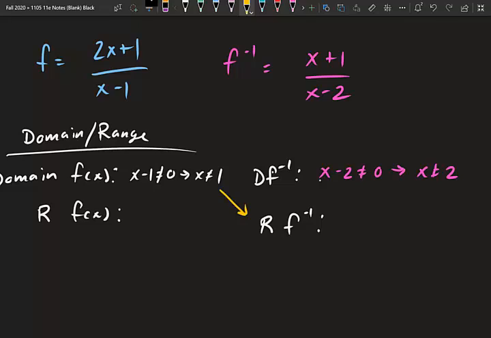The range represents y, so we say y cannot be 1. And then here, the range is y, so then y cannot be 2. It's because they are direct opposites of each other. Because they're direct opposites of each other, that's why we just switch them.